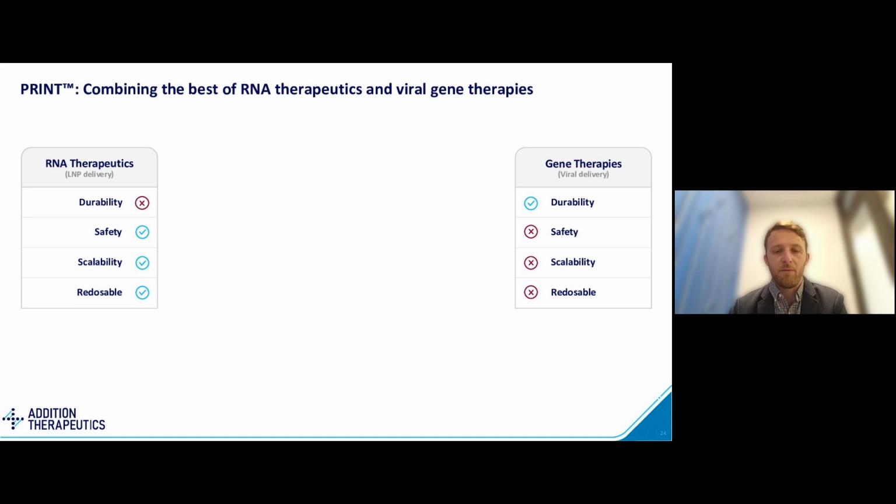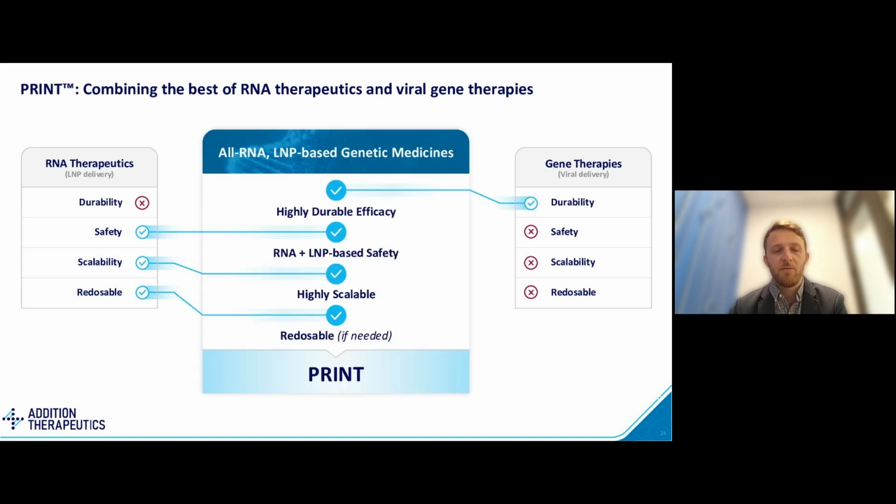With PRINT, we're hoping to combine the best of both worlds, create a highly durable medicine with genetic integration that is safe due to its RNA and LNP-based delivery, highly scalable, and redosable when needed.